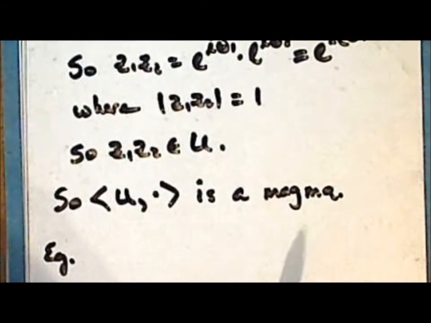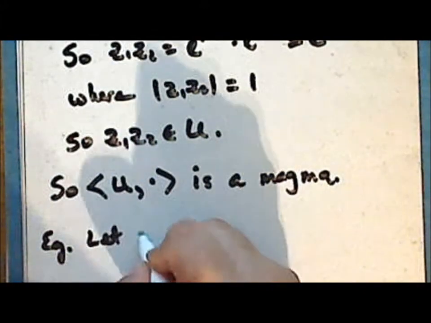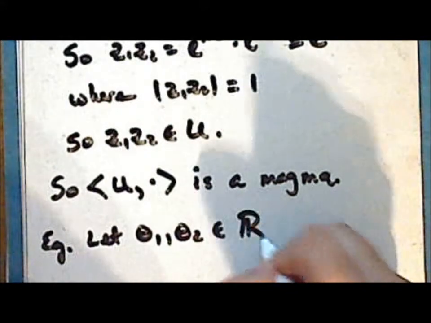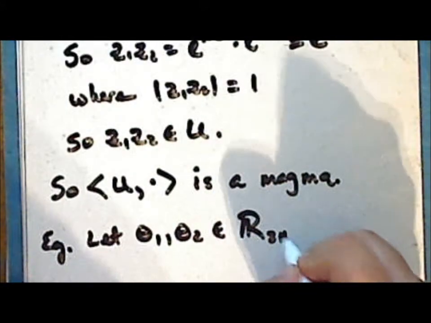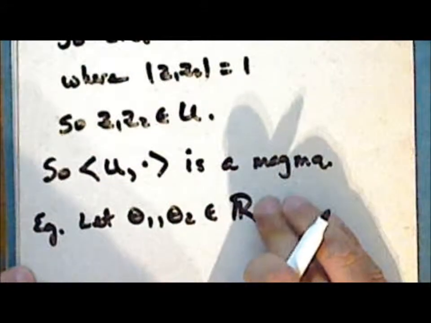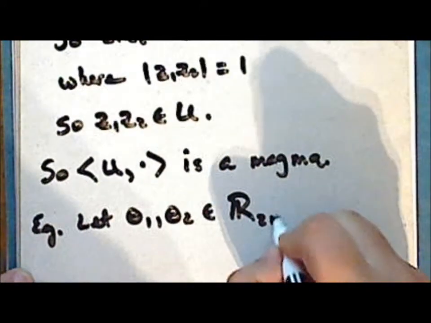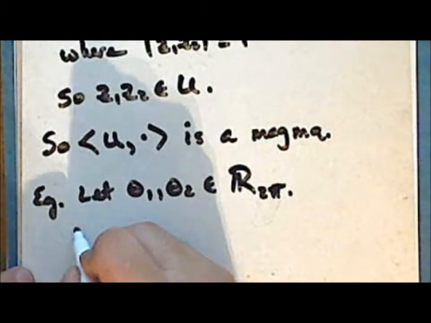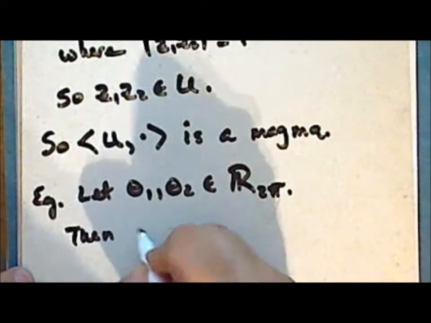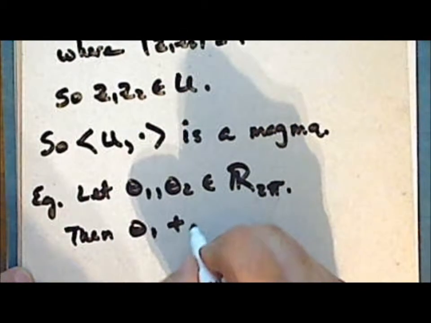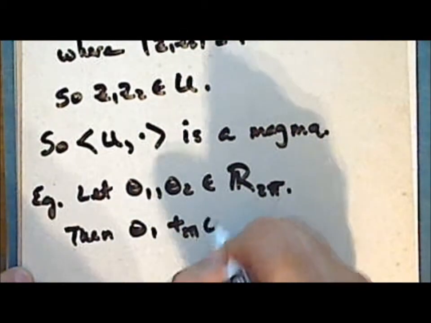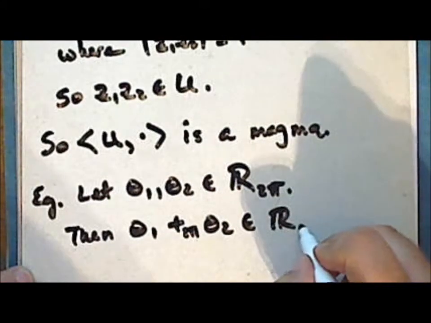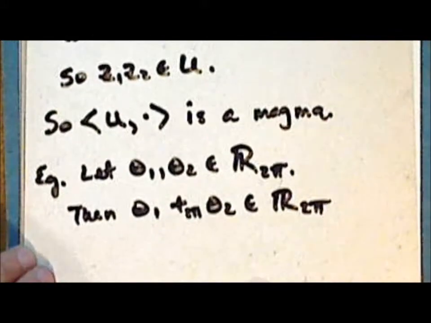Another example. Let theta 1 and theta 2 be elements in the half open interval from 0 inclusive to 2 pi. Then theta 1 plus theta 2 modulo 2 pi is also in the half open interval from 0 to 2 pi, as we have demonstrated previously.